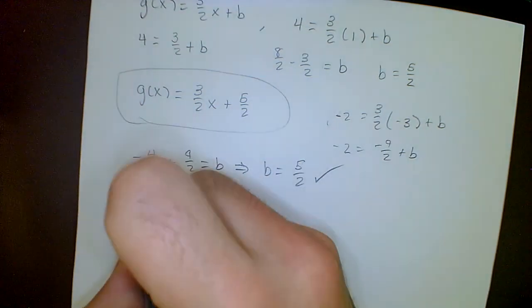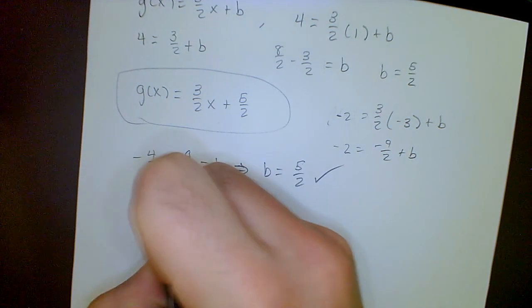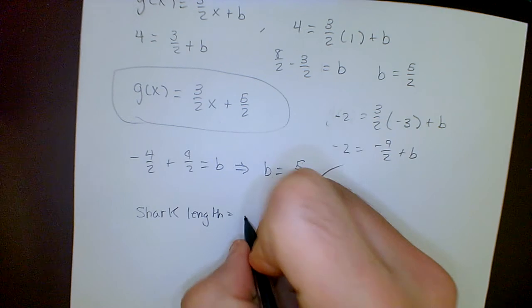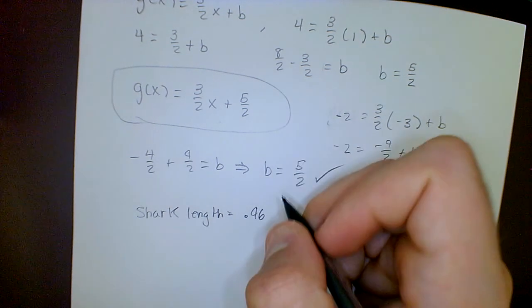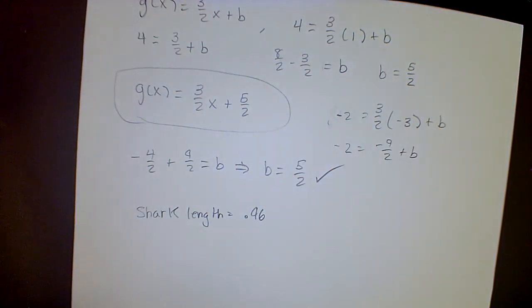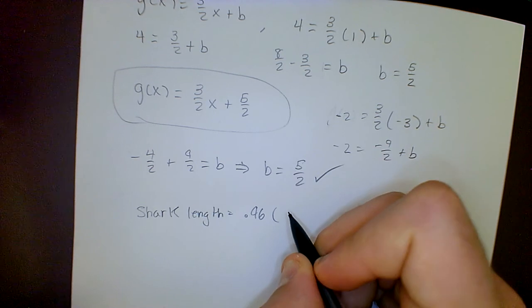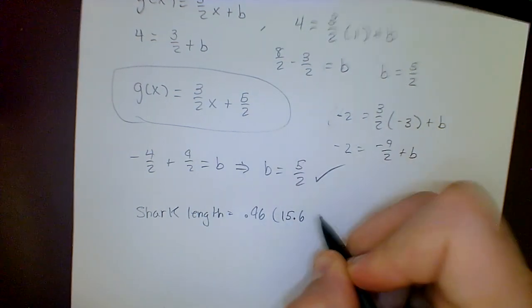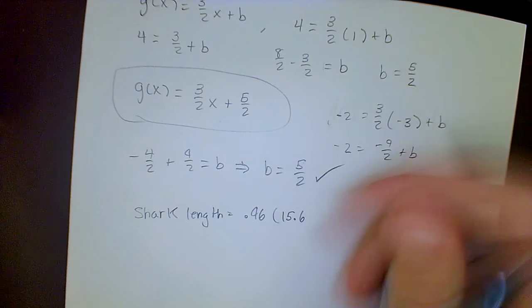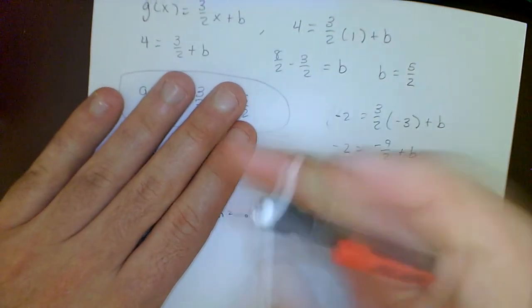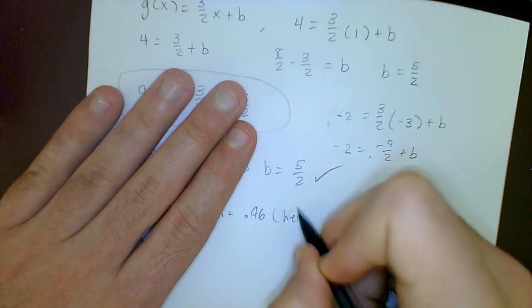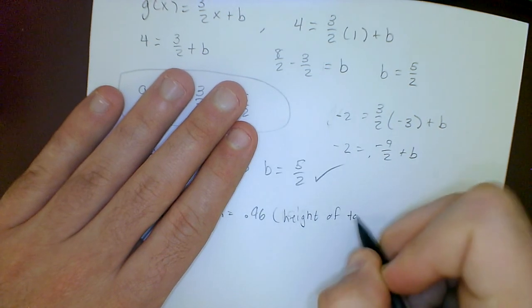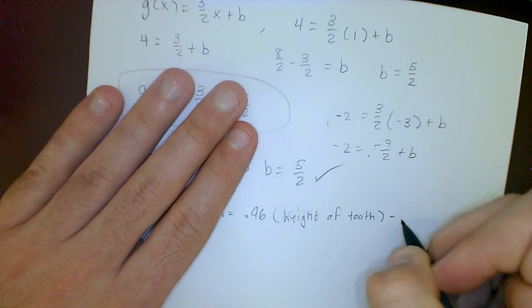So shark length equals 0.96 times the height of the tooth minus 0.22.